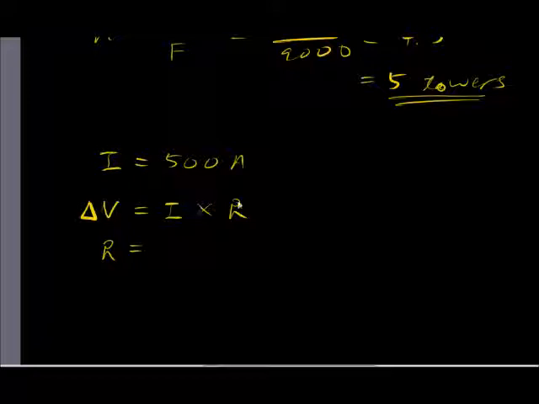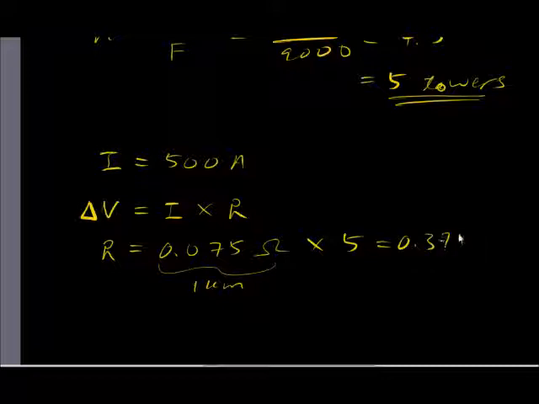As we can read from the table, the resistance of 1 kilometer of aluminum is 0.075 ohm. This is the value for 1 kilometer, and now we have 5 kilometer of cable, so we need to multiply it by 5. So altogether we have 0.375 ohm.